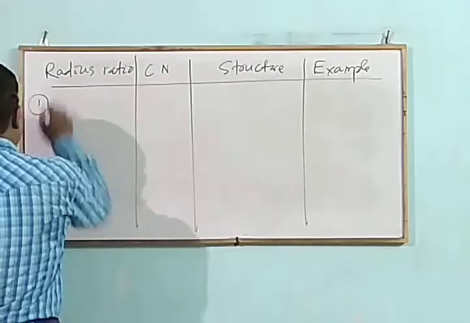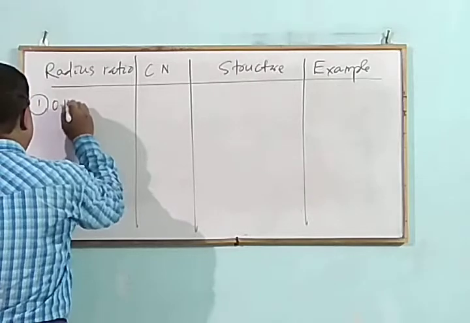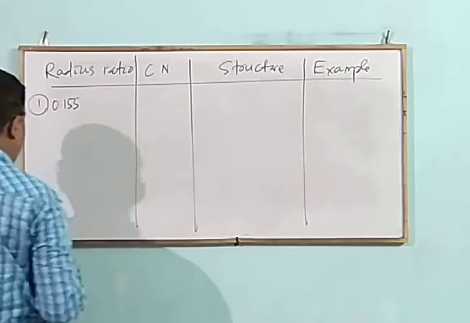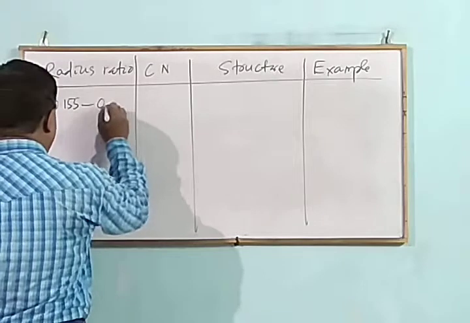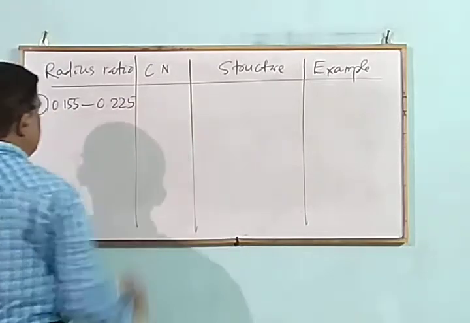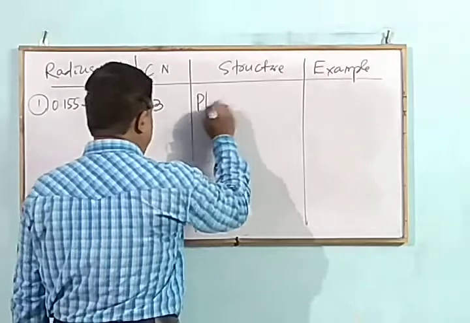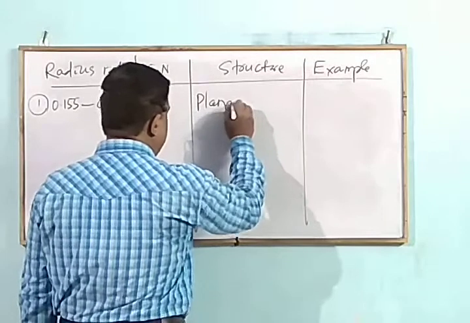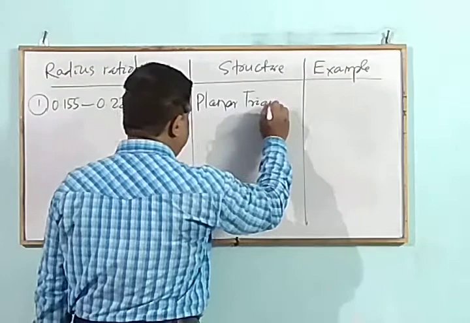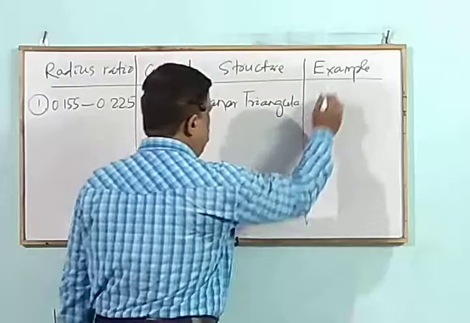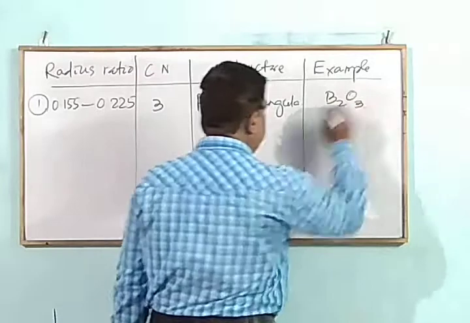Point 1. If a radius ratio value lies between 0.155 to 0.225, then coordination number is 3. Structure is planar triangular. Example is boron oxide.